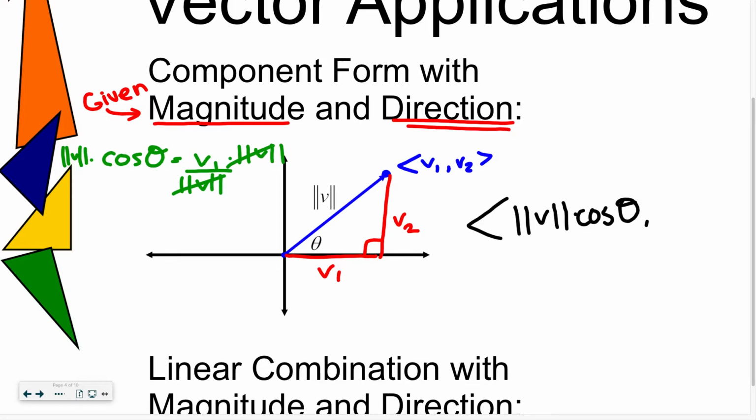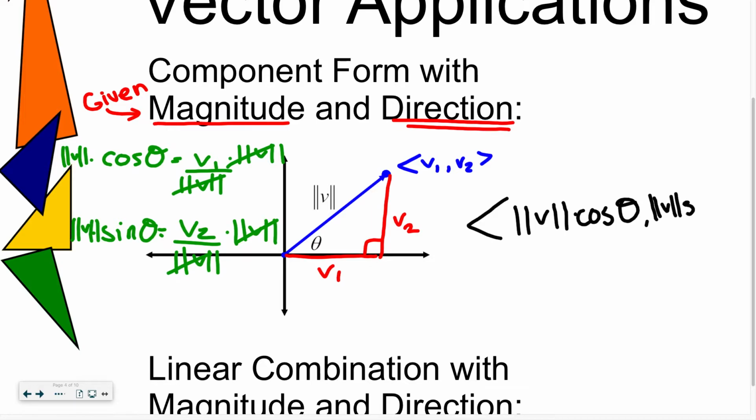I can do a similar setup. If I was interested in solving for my vertical component, then I would use sine. So we could say that the sine of theta, the angle, is v sub 2 over the magnitude. And again, multiply both sides by the magnitude. So I'm going to squeeze it in right here.